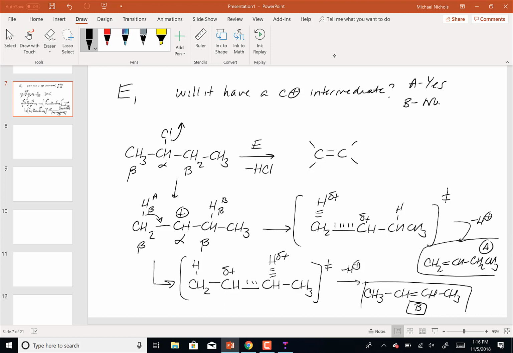Is it because it has 2 secondary carbons as opposed to the top one only has 1 secondary carbon? Kind of. There's more alkyl groups attached to it. It has more, what do we call those?